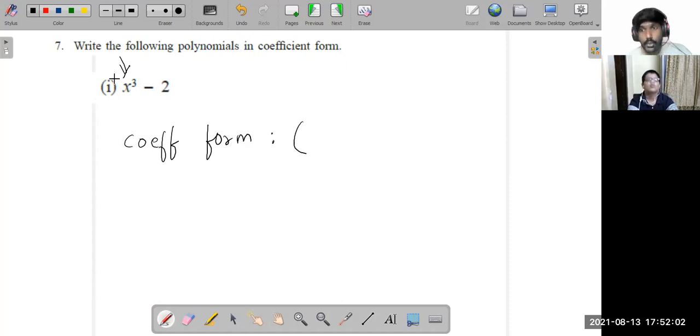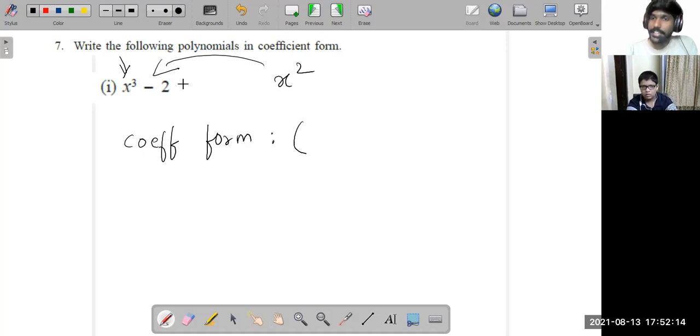When will it be 0? It will be 0 only if that variable is not there. Like for example, the x square term is not there in this, so the coefficient of x square will be 0. But the x cube term is there, you can see it is written.